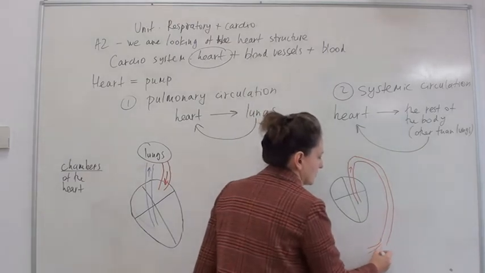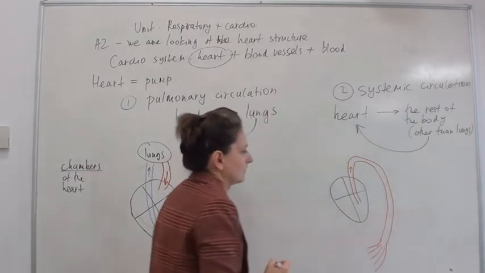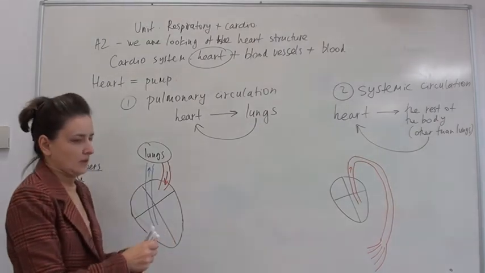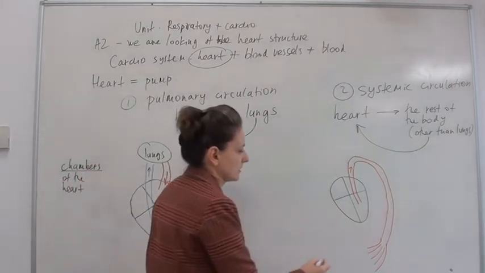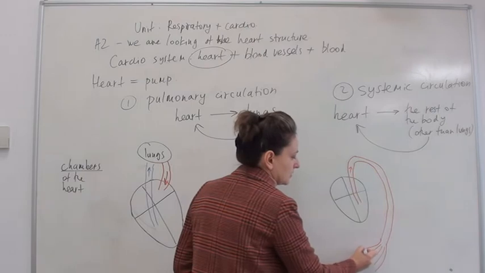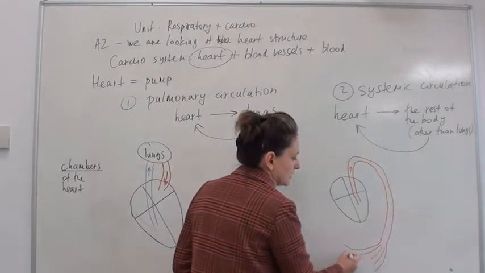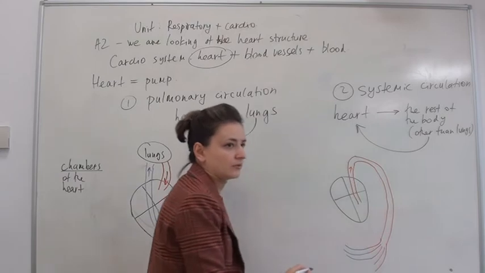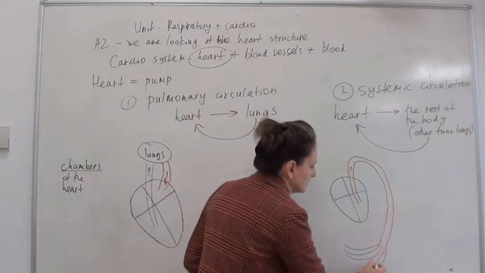I'm going to show them as lots of lines. And in those capillaries, the oxygenated blood is going to turn deoxygenated. So at one point, it's going from red color to blue color.